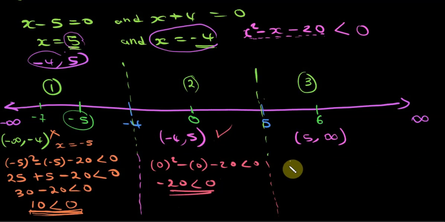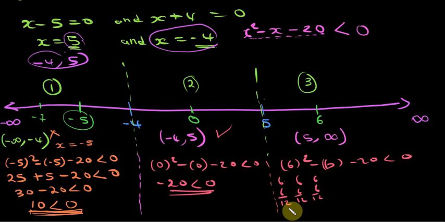Last region: 6 squared minus 6 minus 20 should be less than 0. 6 squared is 6 times 6, which is 36. 36 minus 6 gives me 30, minus 20 gives me 10, which should be less than 0.